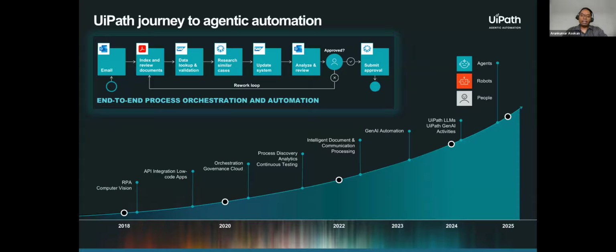just generative AI activities powered by large language models, which started to pick up in 2023, and in 2024 we morphed into a more agentic automation platform with a lot of products and capabilities powered by LLMs.